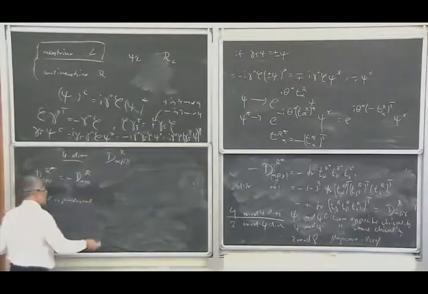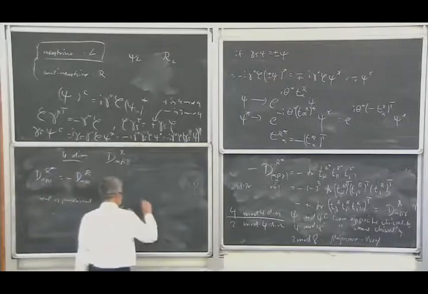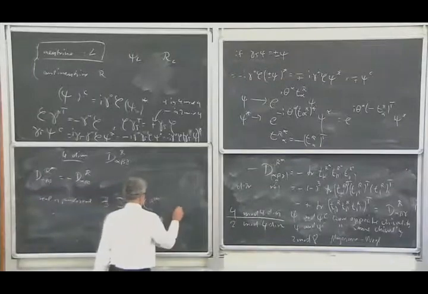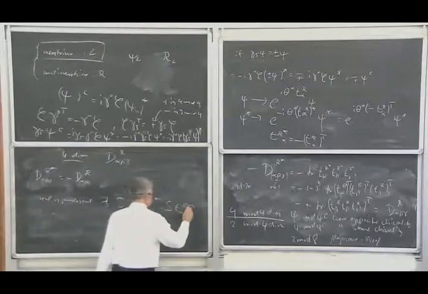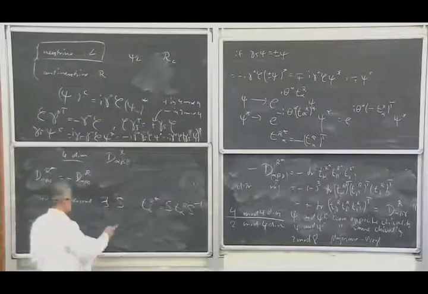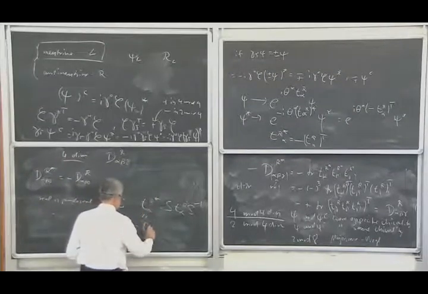That's just some terminology. If there exists some fixed matrix S such that the T's of the complex conjugate representation are related to the T's of the representation R by some similarity transformation. Okay? But these guys, we've just shown that they are minus T alpha R transposed. Okay?